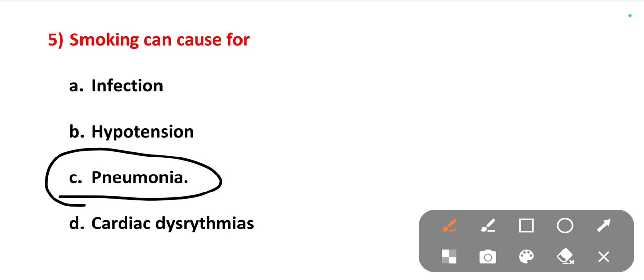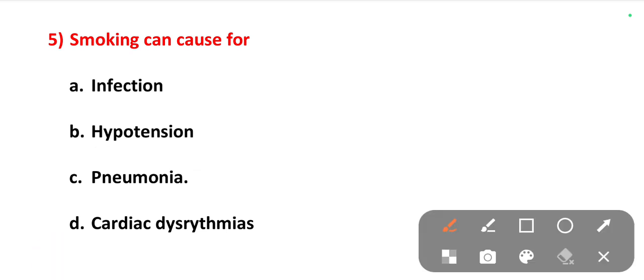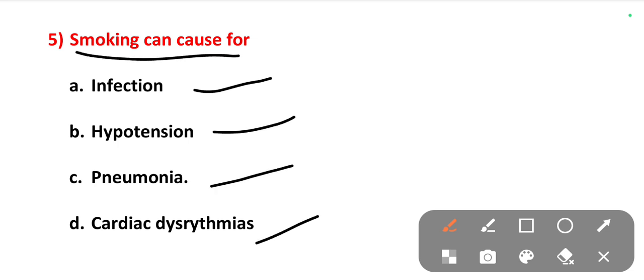Before that, the person can have other infections like pneumonia. So in these options, you may be confused that smoking can cause cancer. So how can it cause pneumonia? But here you have to see only the options. Okay. So among the options, you have to choose the answer that is related to the question.